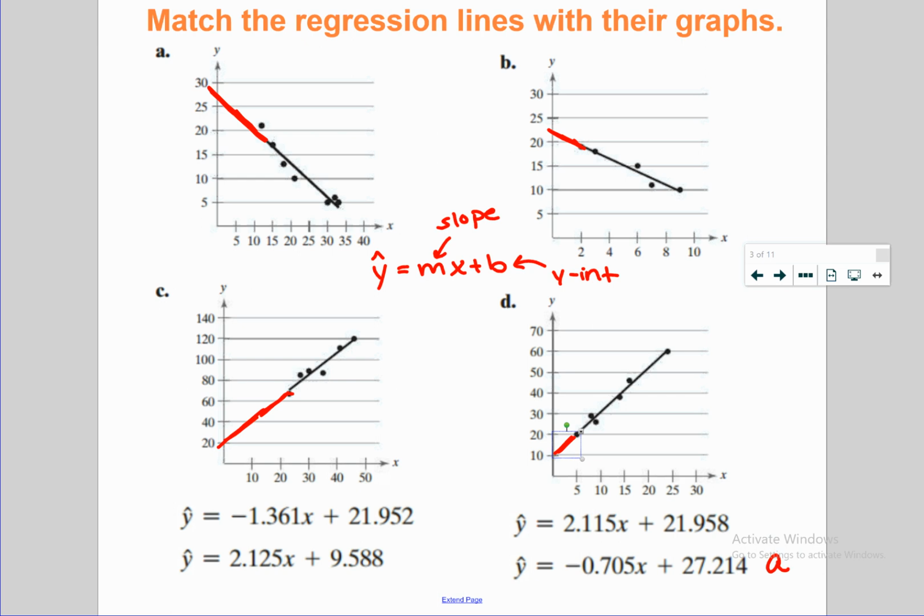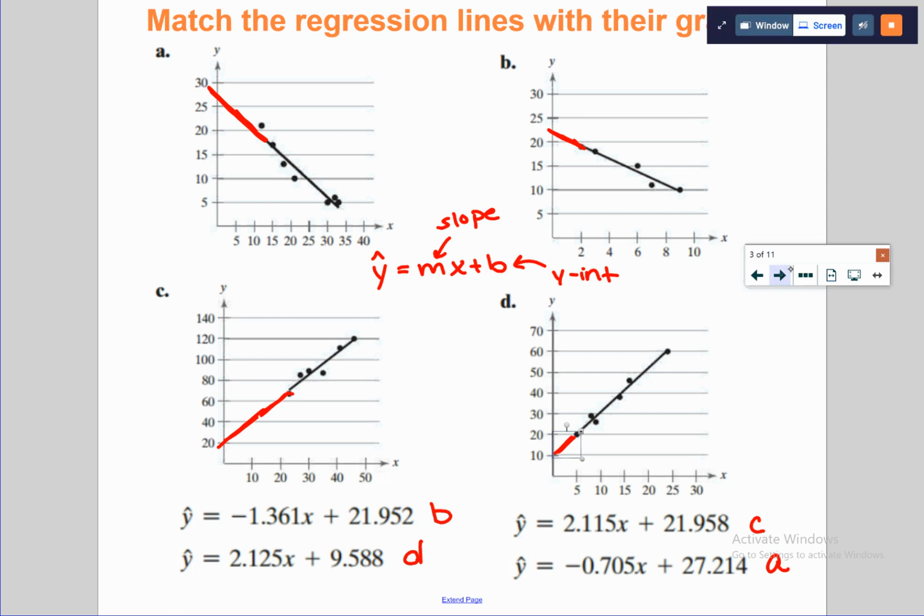It's a negative slope again, and we only actually have one other one with a negative slope. Y-intercept, maybe about 22. Letters C and D are both positive slopes. So again, we can just look at the y-intercept. Letter C looks like it's around 20, maybe right there. And then letter D is maybe around 10, so something like that. Okay, so quick little match and nothing crazy. Questions there?